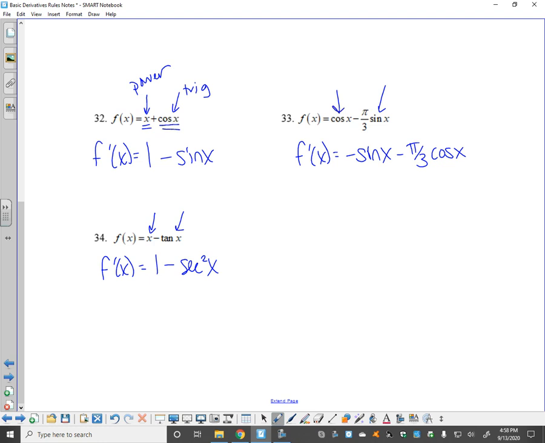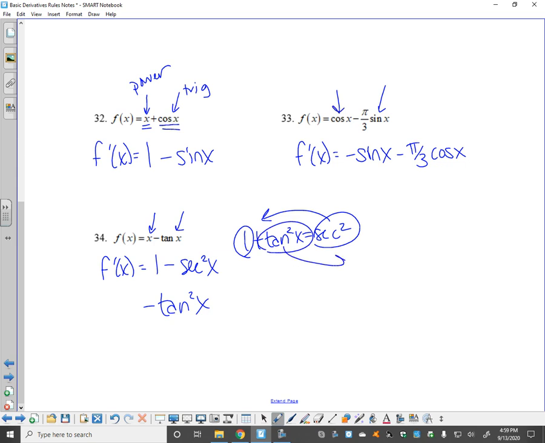Now, you know what they could do on 34? This was multiple choice. They could not have that as an answer because they could make the answer negative tangent squared, because 1 minus secant squared would be a negative tangent squared. Oh, they'll do it too.